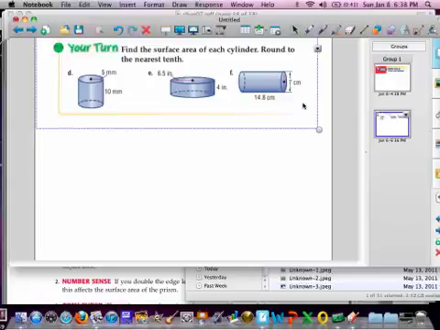All right, so let's go ahead and solve these particular ones. And once again, let's just start with the formula. S, the surface area, is 2 pi r squared plus 2 pi r h.